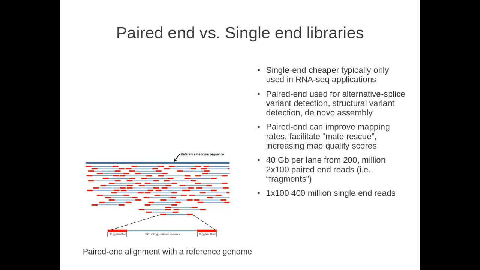Single end reads are produced when, in the library construction process, we typically shear the DNA and attach what we call adapters to either end of the sheared DNA. Here in red is an adapter, and the flanking sequence is what we will end up sequencing on either end. In single end sequencing, we attach both adapters, but we only sequence from one end of the molecule. In paired end sequencing, obviously, we sequence from both ends.